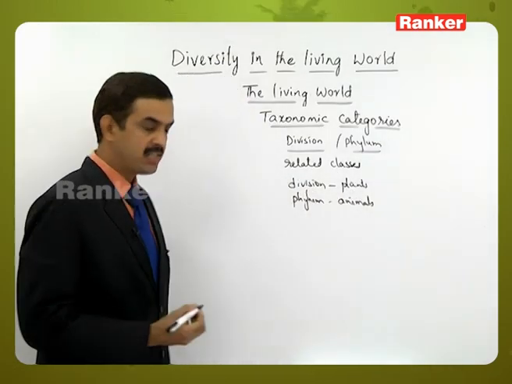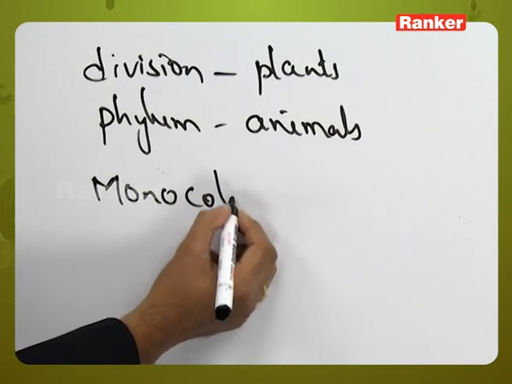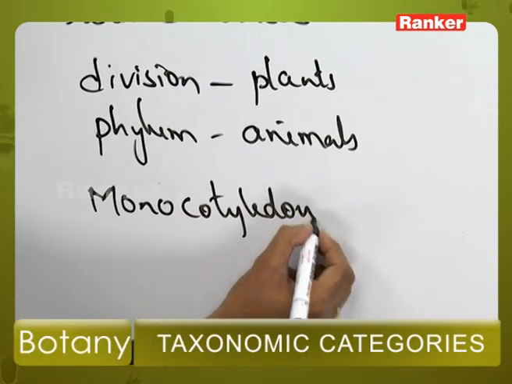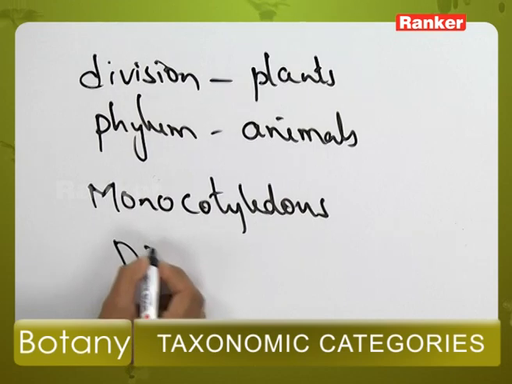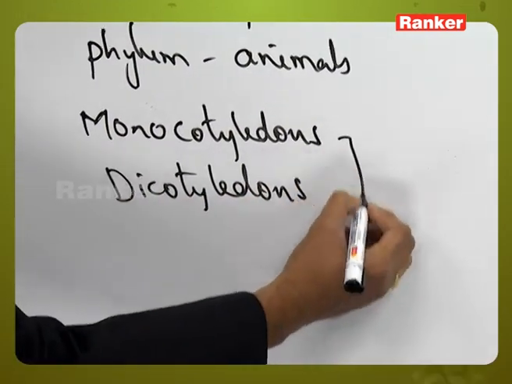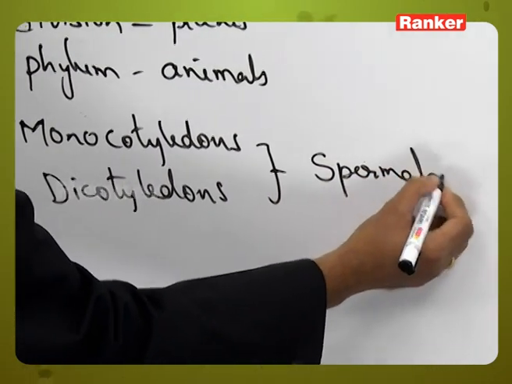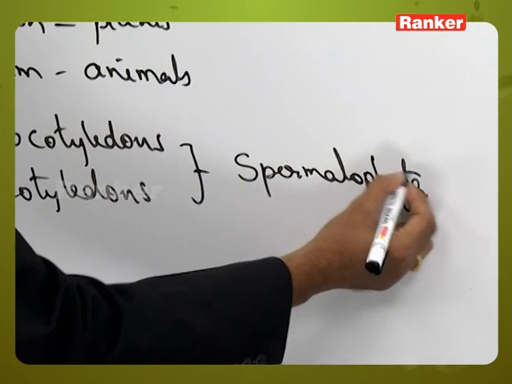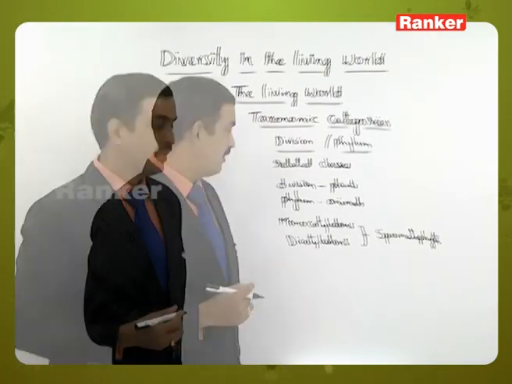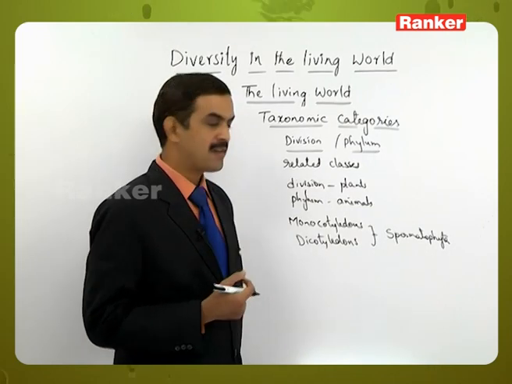Let us take the example here: monocotyledons is one class and dicotyledons is one other class. These two classes are kept under one division called Spermatophyta. In the same way, within the class we can find more similarities when compared to the different classes present in one division.